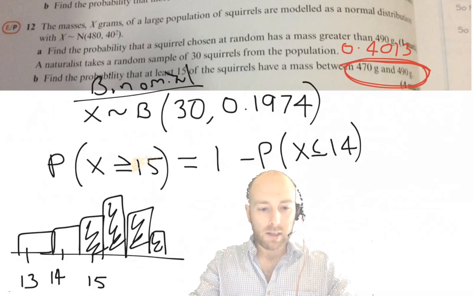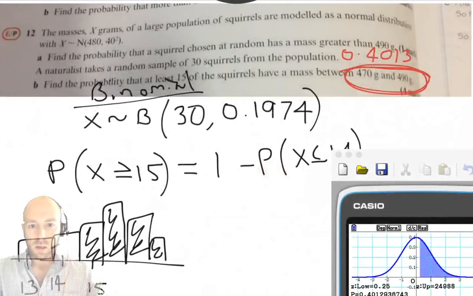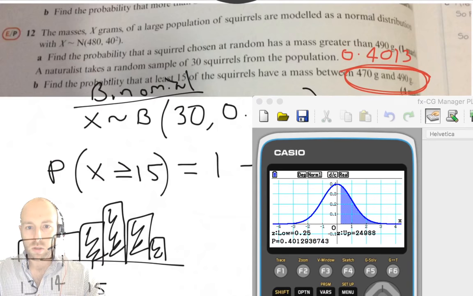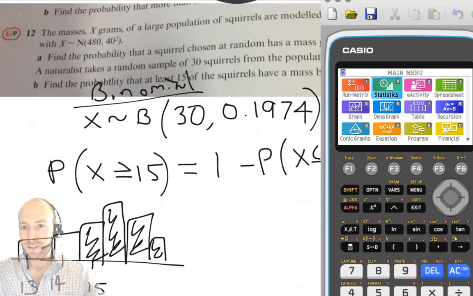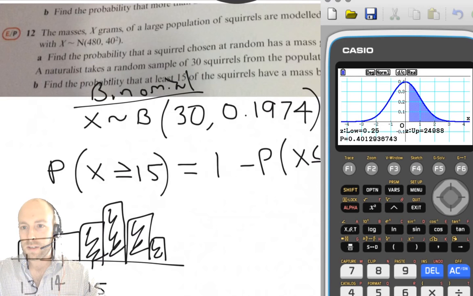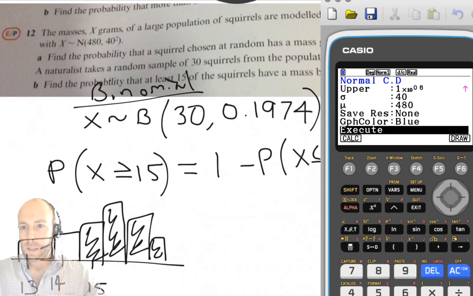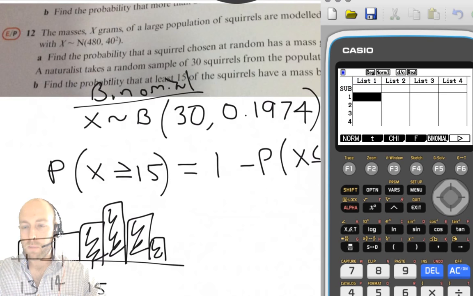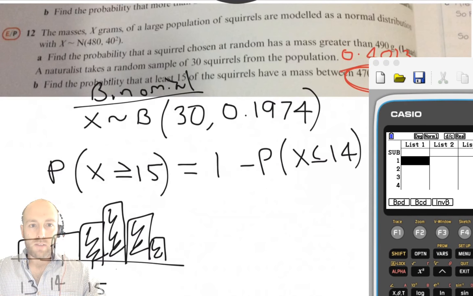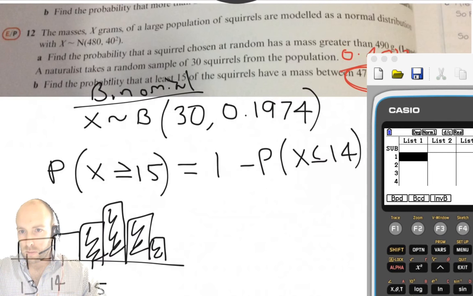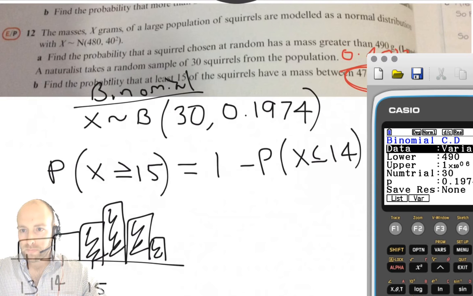If you've got the graphical calculator, and I'll show you that one, we can go to statistics, distribution, binomial distribution. We want to find the value. We know the probability, so it's going to be a B, C, D question.